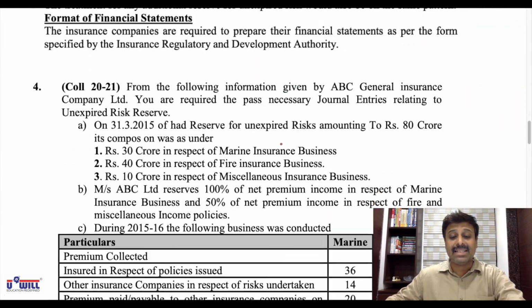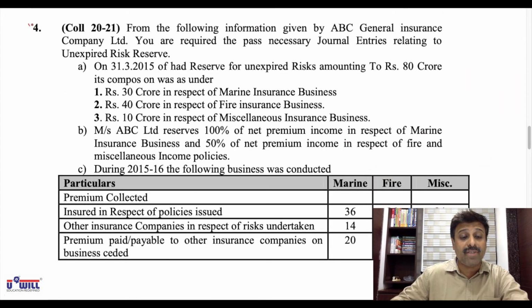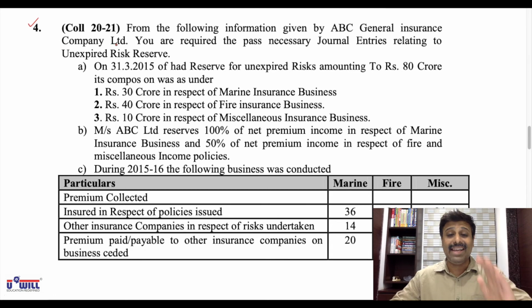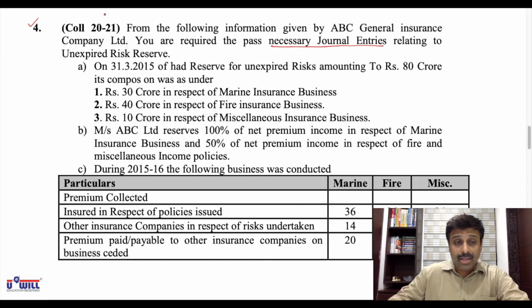So let us understand this point with the help of the fourth question, with the help of journal entries also in detail. Look at it. From the following information given by ABC General Insurance Company Limited, you are required to pass necessary journal entries relating to unexpired risk reserve. Now, on 31/3/15, you are given year 15 to 16.